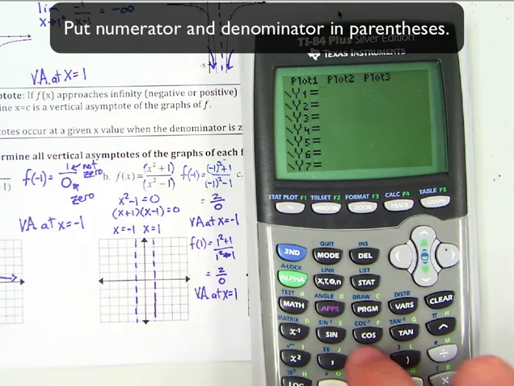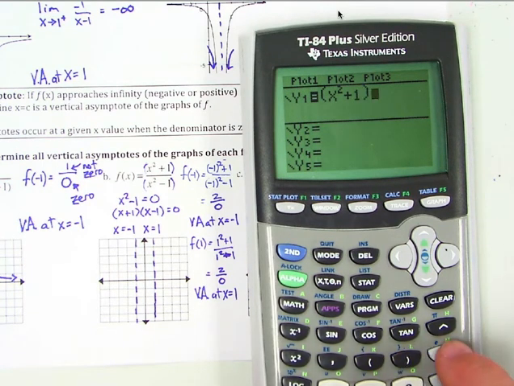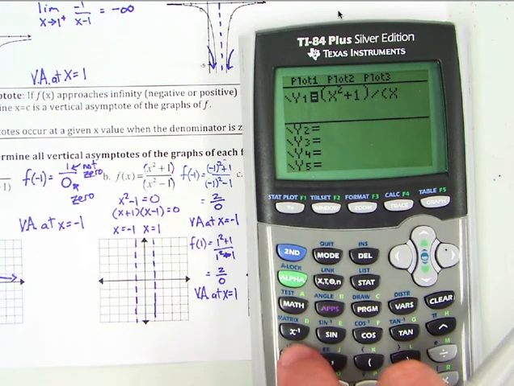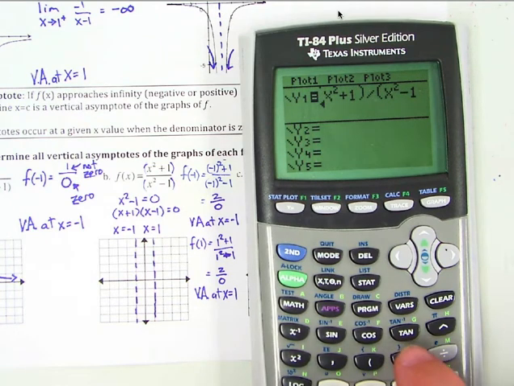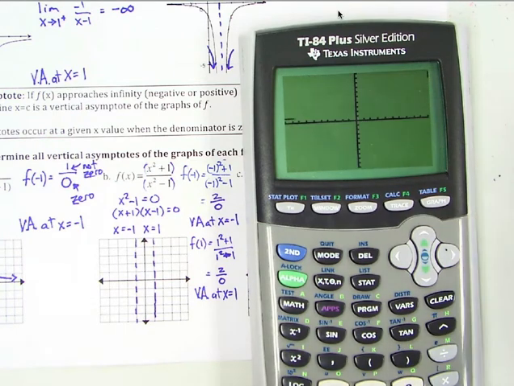Okay, so we have x squared plus 1 in parentheses divided by, in parentheses, x squared minus 1. And then we'll graph it.